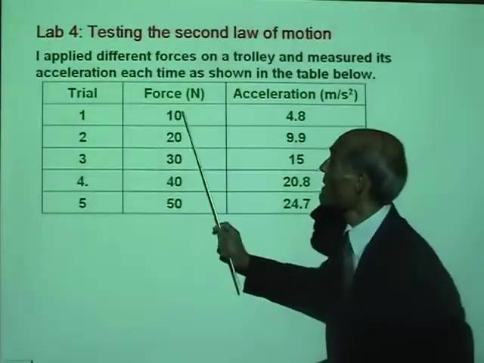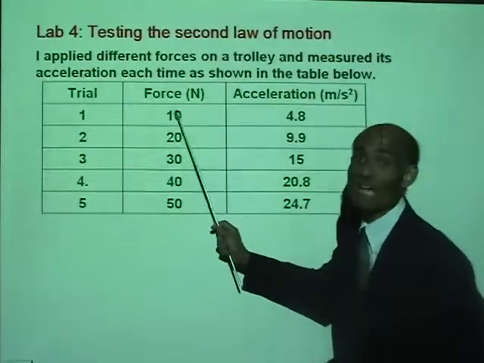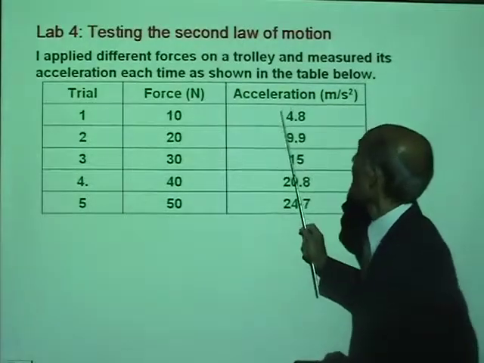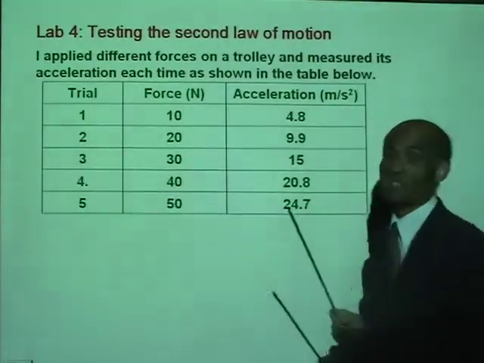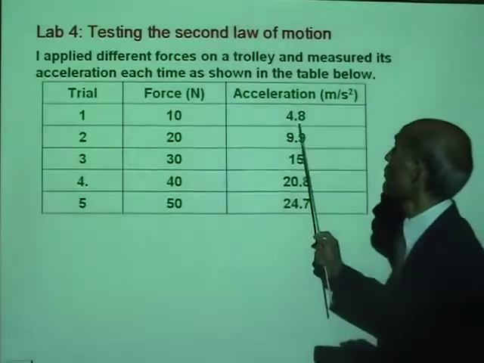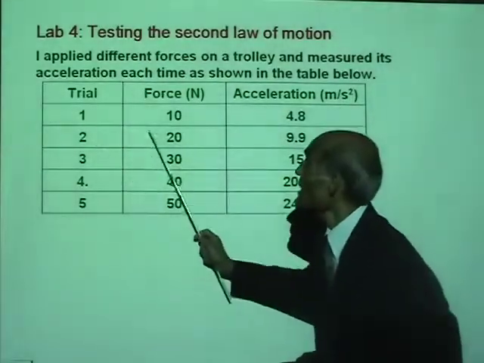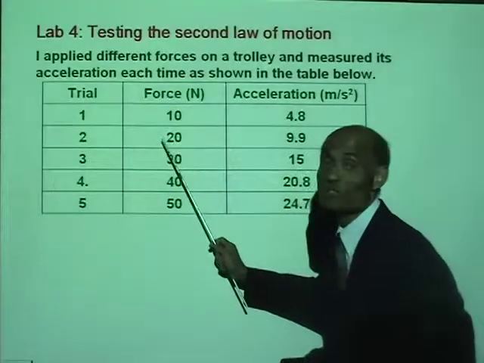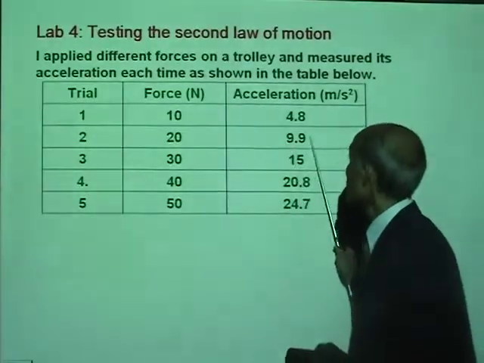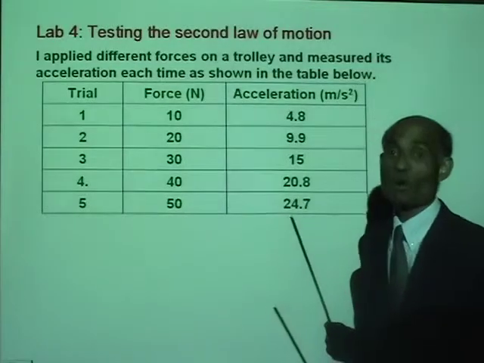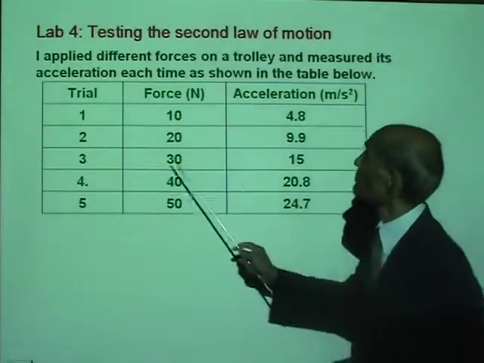In trial 1, I applied a force of 10 Newton and I calculated the acceleration of the trolley as 4.8 meter per second squared. Then I increased the force to 20 Newton. I found the acceleration as 9.9 meter per second squared.